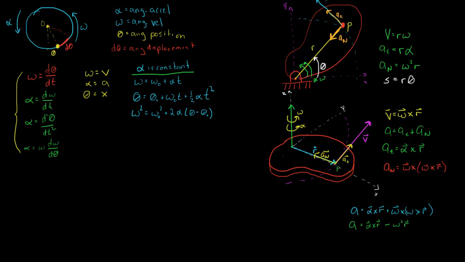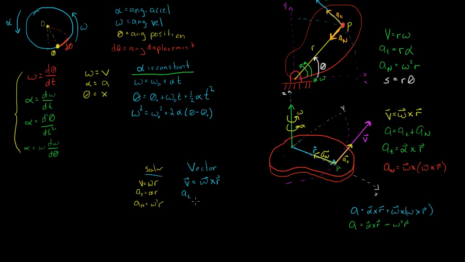So what do we have? We have scalar equations, and these scalar equations are that our velocity is equal to omega times r, this distance r, that the tangential acceleration is equal to alpha times r, and the normal acceleration is equal to omega squared times r. And we have a vector formulation that our velocity is equal to omega, which is the angular velocity, crossed with the position vector.